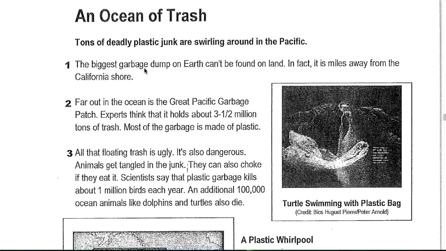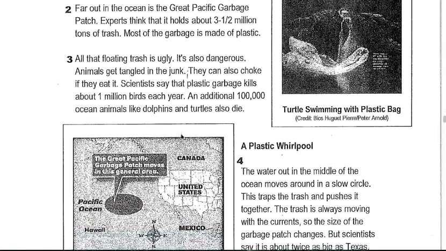The biggest garbage dump on Earth can't be found on land. In fact, it is miles away from the California shore. Far out in the ocean is the Great Pacific Garbage Patch. Experts think that it holds about 3.5 million tons of trash. Most of the garbage is made of plastic.